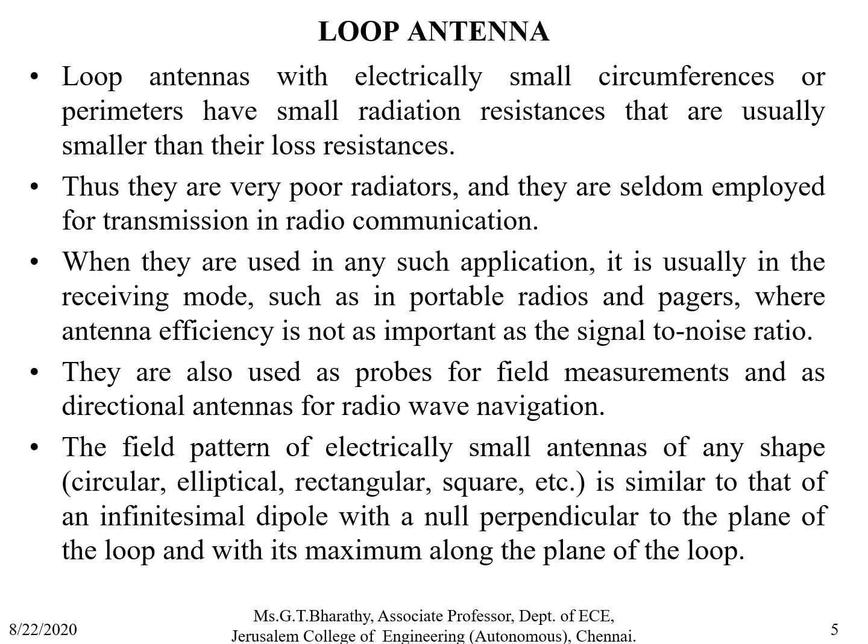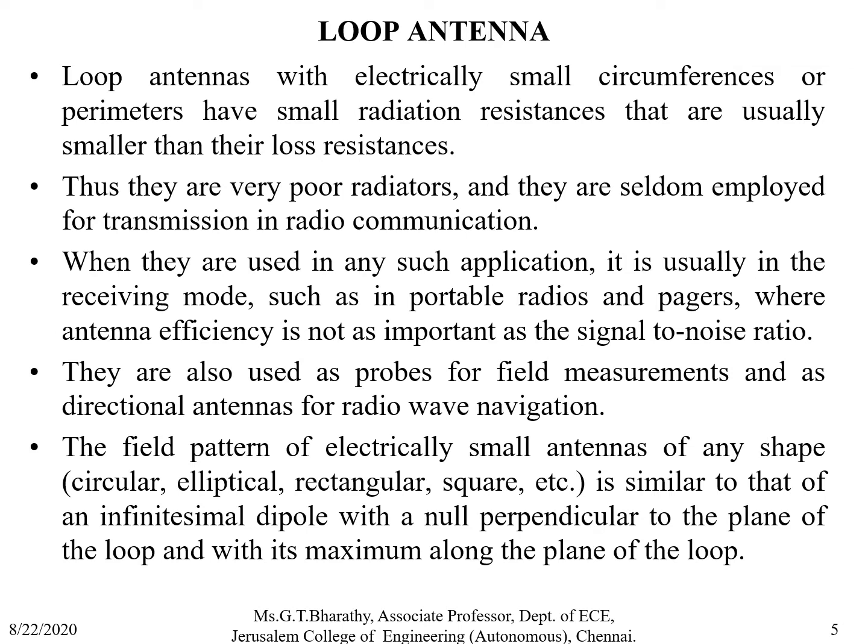You will see the definition of loop antenna. Loop antennas with electrically small circumferences or perimeters have small radiation resistance, usually smaller than their loss resistance. So basically loop antennas are classified as very poor radiators. They are seldom employed on the transmission side.